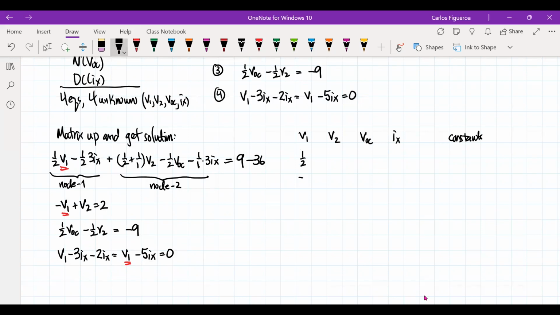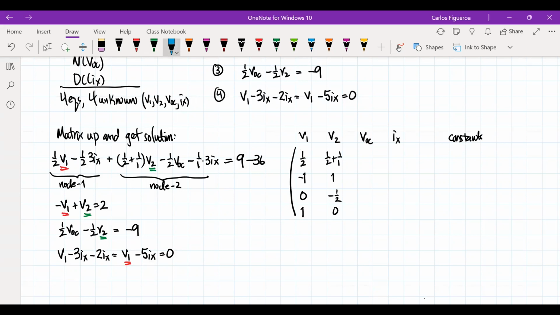1/2, minus 1, 0, 1. Now I'm going to go after V2. So if I look at V2, I got here, here, here, and that's it. So then I'm going to have 1/2 plus 1 over 1. Then I'm going to get 1, minus 1/2, 0.